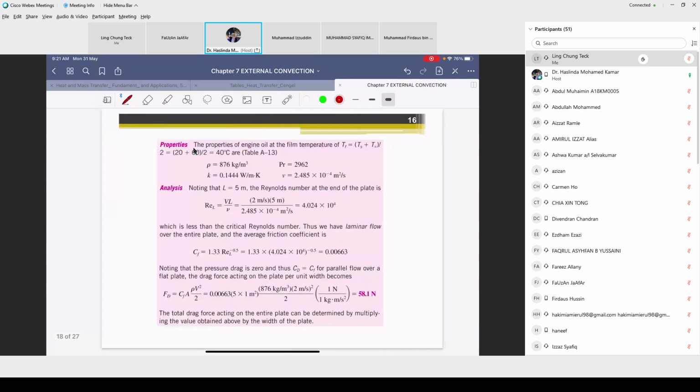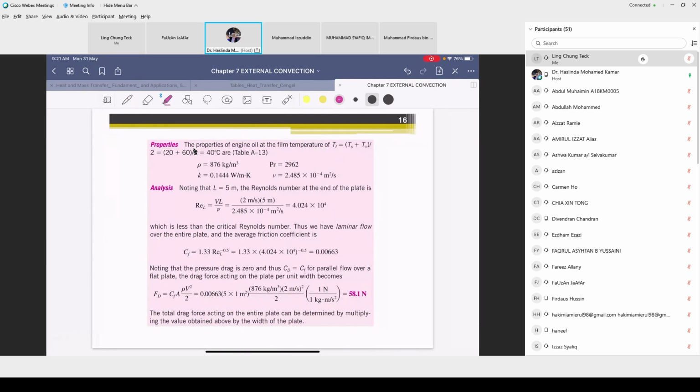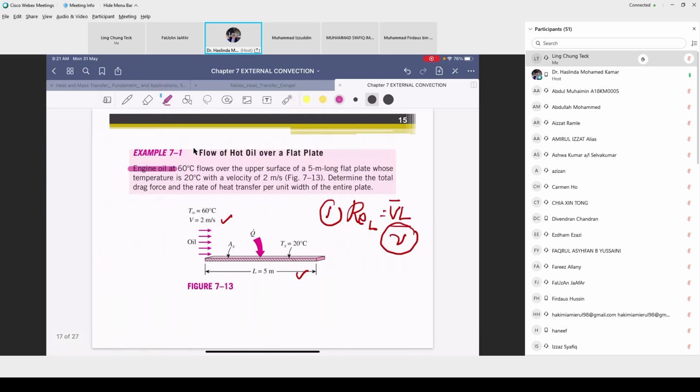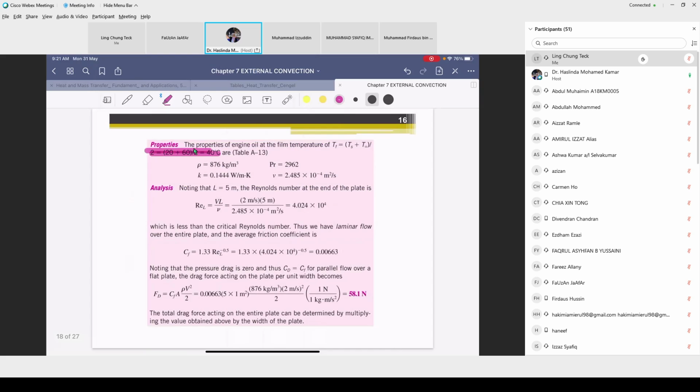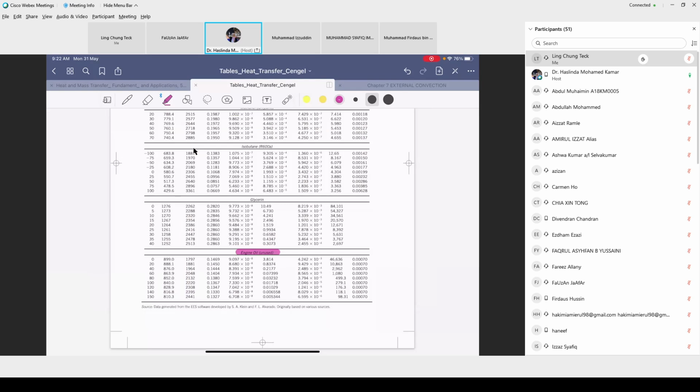The film temperature for this case is 40, meaning the surface temperature plus the engine oil temperature, divided by 2. So the value is 40. So we have to obtain the density, the k value, and the Prandtl number from this table, at 40 degrees.